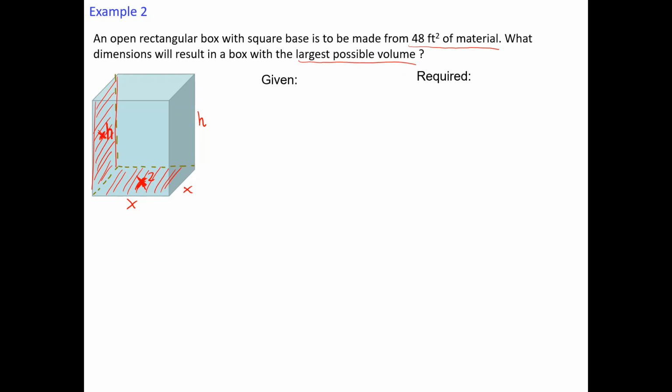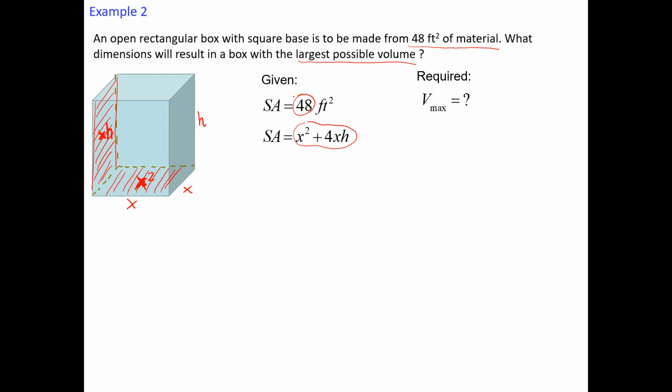Okay, let's try. Surface area: x squared plus 4 times xh. That's the given information, and of course this equals 48. So we have a relation between x, h and that 48.